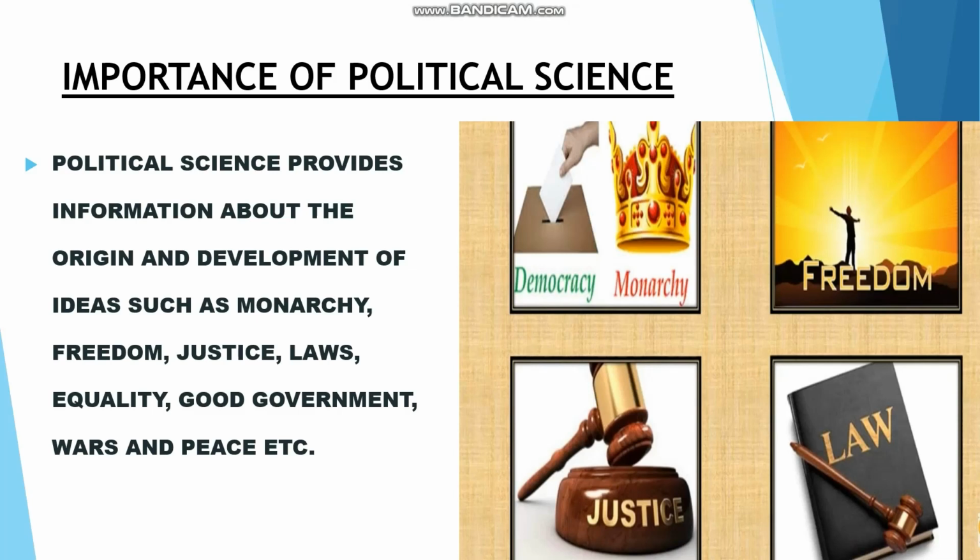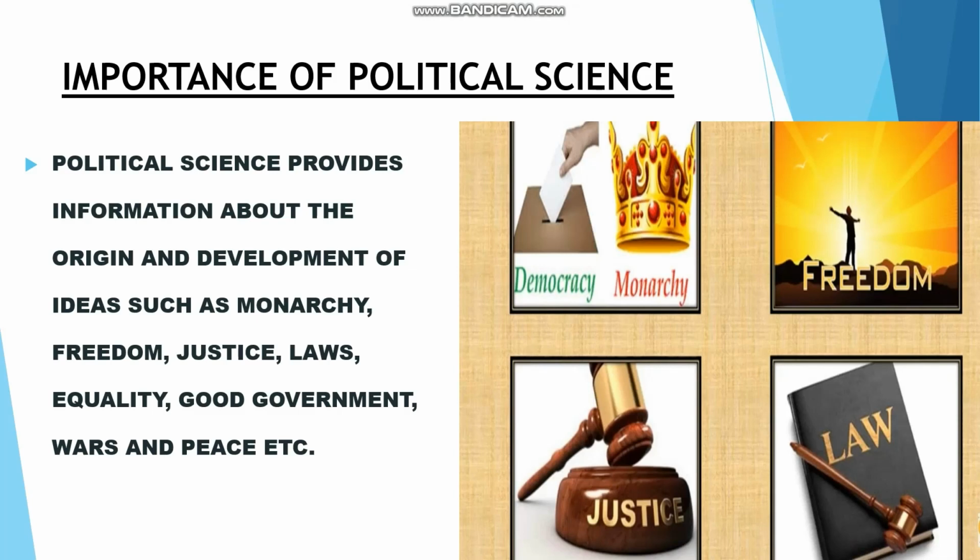And next, freedom. Whether the people are enjoying equal freedom. And justice, whether equal justice has been given to the people. And laws, what laws are applicable in the country and how they bind a citizen. Equality, whether the people are treated equally.